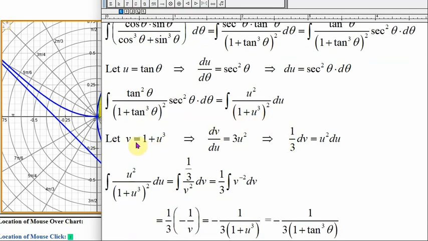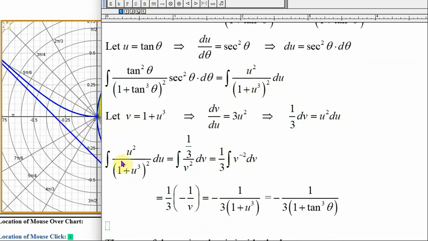So let v be 1 plus u to the third. dv du will be 3u squared, so we get 1/3 dv is u squared du. So this integral here becomes 1/3 dv, because u squared du is 1/3 dv. 1 plus u to the third is just v, and then we have v squared.